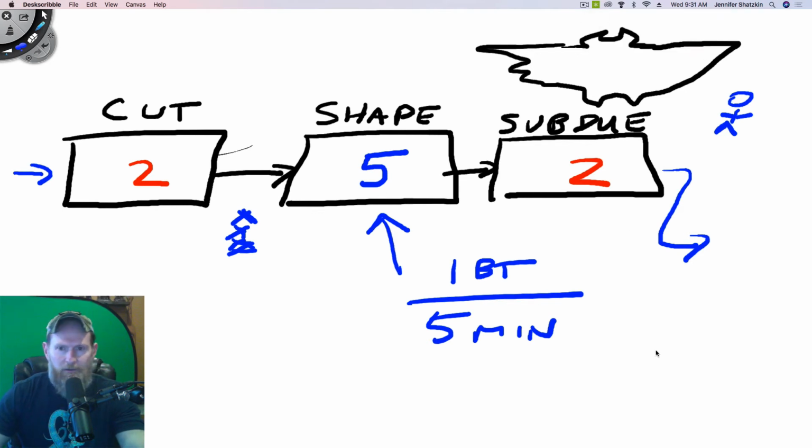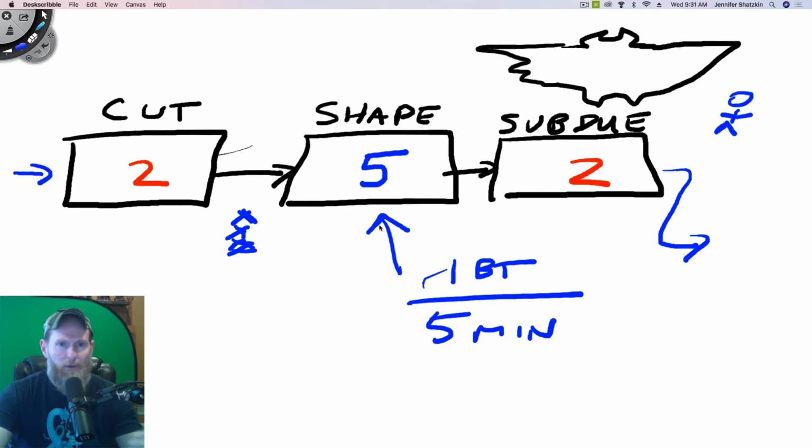It also means that this regulates capacity, and so we can define the capacity of the system in accordance with this right here, which is what I call the cornerstone, and any kind of time period that we're talking about. If we want to know how many batarangs per hour, we would use this. If we want to know how many batarangs per day, we just need to know how many hours we work in the day. We're probably not going to work 24 hours a day, although Batman might, and so on and so forth.